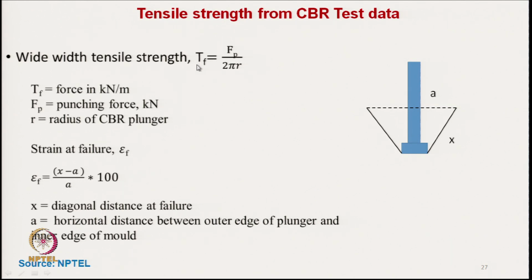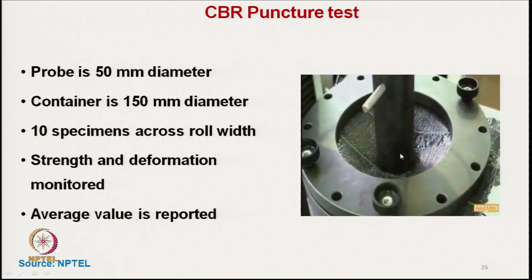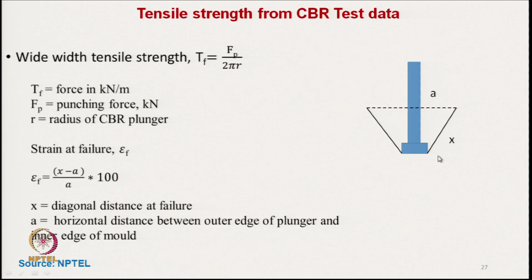Here we get the idea about the tensile strength, and also about the tensile strain, where A is the initial length of the specimen, that means the radius of the specimen, and this inclined length is the strained, extended length, which is x.